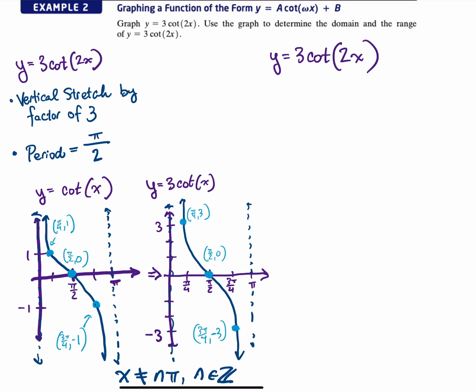If we were choosing from multiple choice graphs, say on an online homework or something, I would be looking for that period of pi over 2, where that distance between the asymptotes is a distance of pi over 2 instead of a distance of pi, which we have here. So I'm going to take the approach of really just relabeling the axes, and that will give us the correct values.